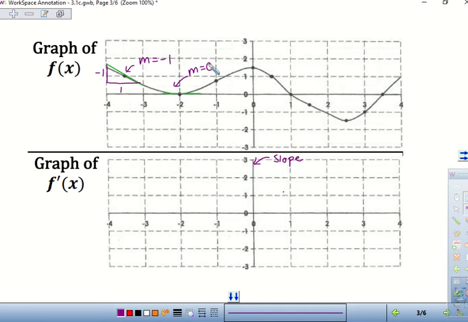0. Good. Now we're going to draw a tangent line at the point at -1. What would you estimate that slope to be? I would say it's +1, about up 1 over 1. What would you estimate the slope to be at 0? 0. What about this one here? -2 or -1.5.